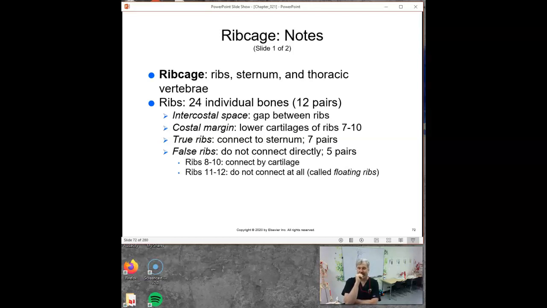Thoracic. And don't forget, how many thoracic vertebrae are there? 12. Yes, 12 thoracic vertebrae because there's 12 ribs on each side.